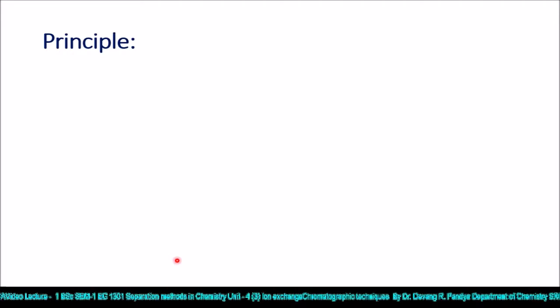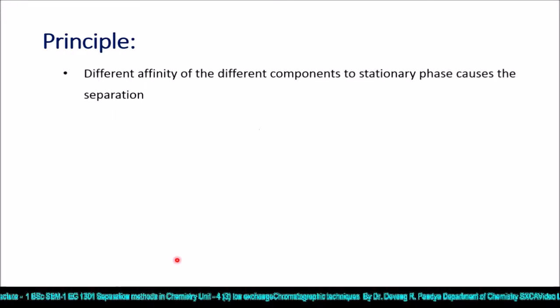The principle of ion exchange chromatography. Different affinity of different components to the stationary phase causes the separation. On this principle, ion exchange chromatography works. When we use the word ion, ions have different charges, positive and negative.